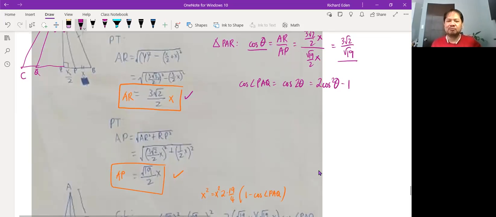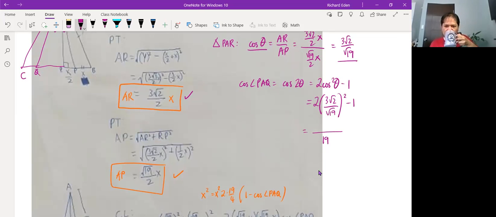So 2 cosine squared theta minus 1 is an alternative expression for cosine of twice theta. So just plug it in. It is square root of 97 and it is 17 over 19.